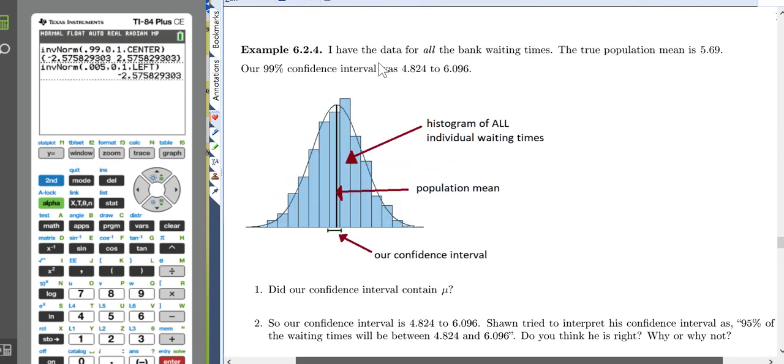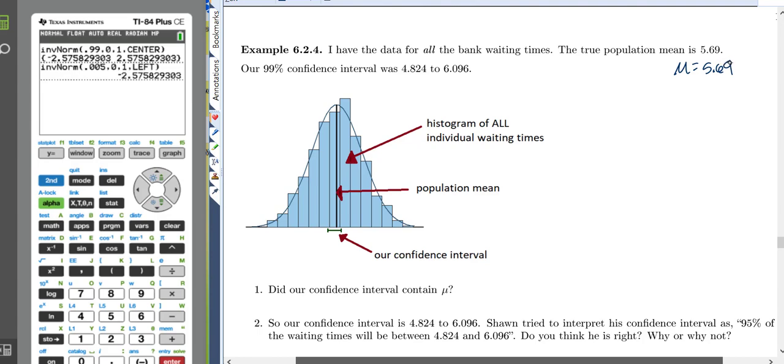Now, this is a different kind of situation, where I actually have the data for all of the bank waiting times. We usually don't have the data for the entire population, but I do in this situation. And the true population mean is 5.69. So mu actually is 5.69. Again, our population mean mu was fixed. It wasn't changing.